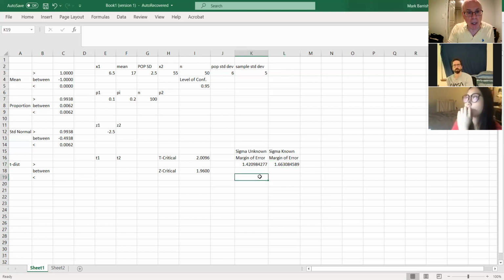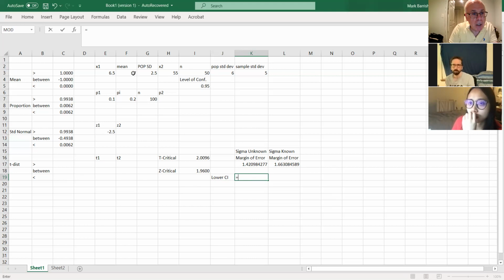And then if you wanted to figure out the confidence interval, then you could say something like, all right, the lower part of the confidence interval. That's going to be equal to what?